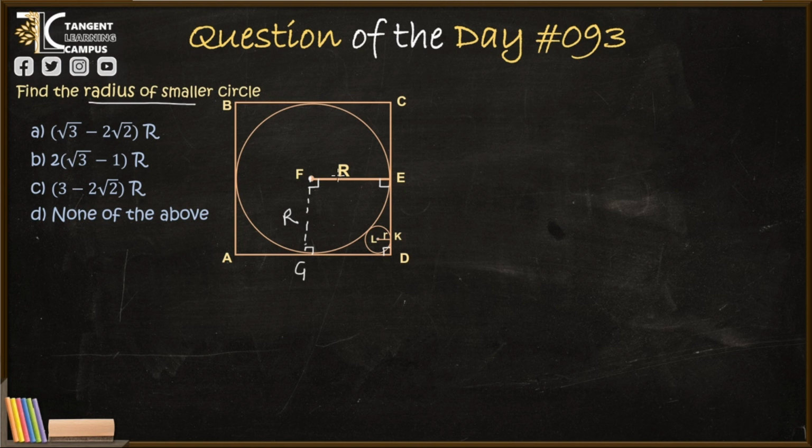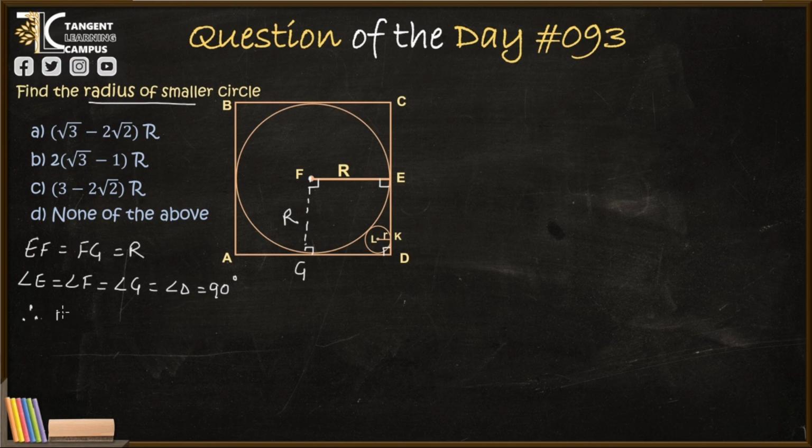Two adjacent sides are equal in this quadrilateral and each angle is 90 degrees, so we can say that DEFG is a square. So let us write down EF equals FG equals R, and angle E equals angle F equals angle G equals angle D, that is 90 degrees. So from here we can say that DEFG becomes a square.